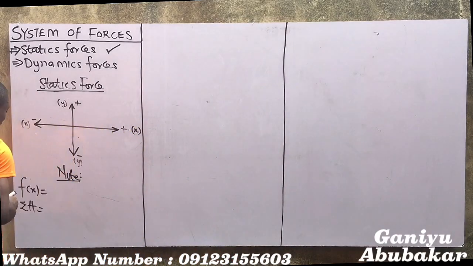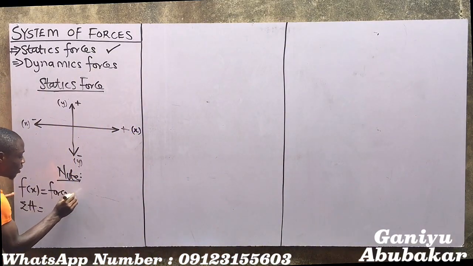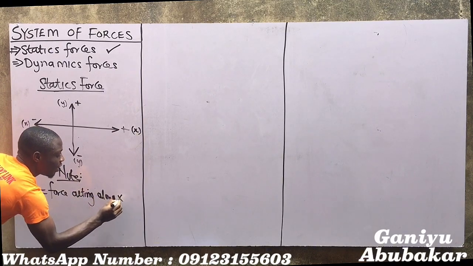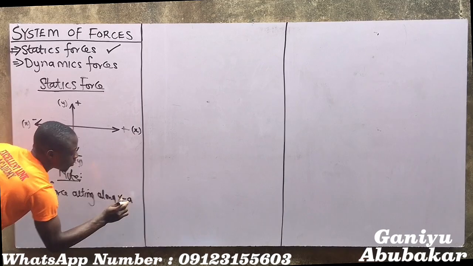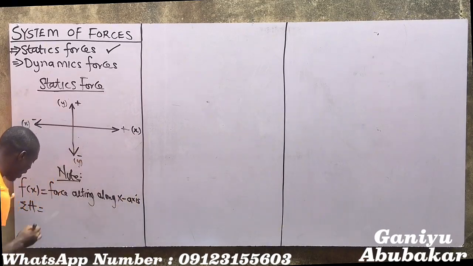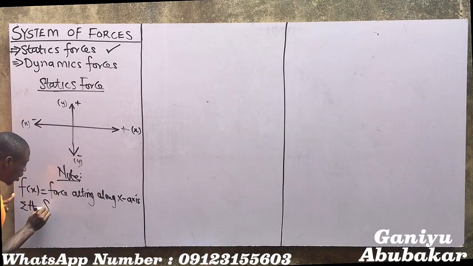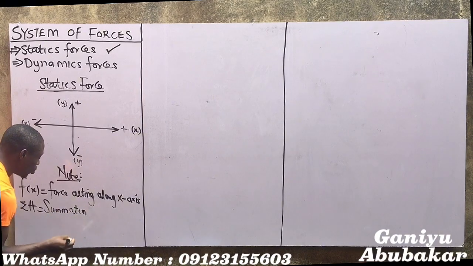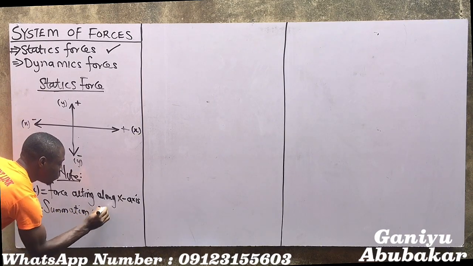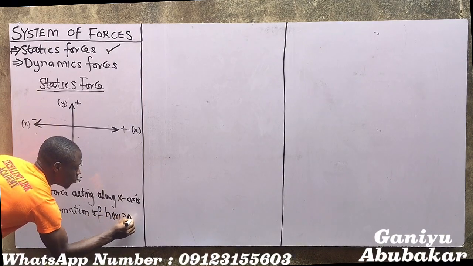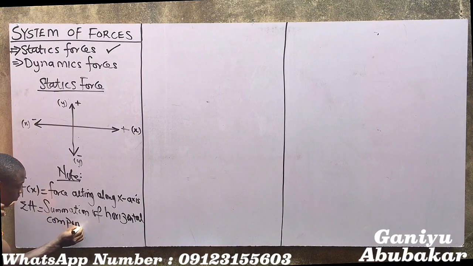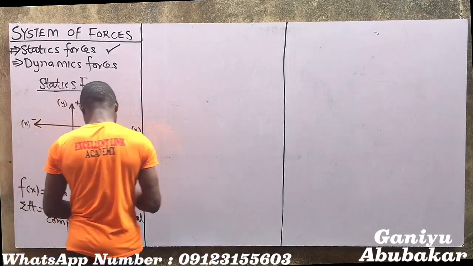F of x means force acting along the x-axis, and summation of H means the addition of horizontal components.